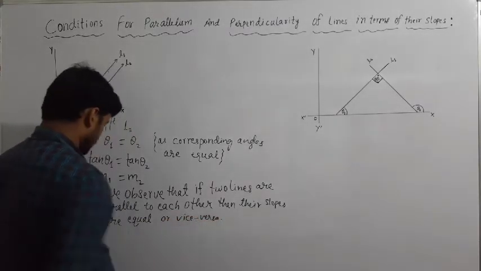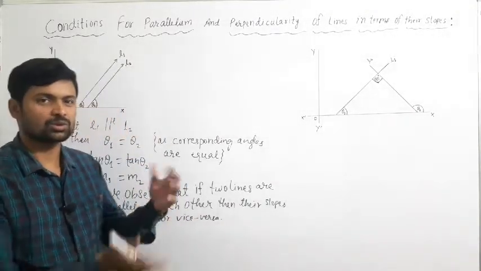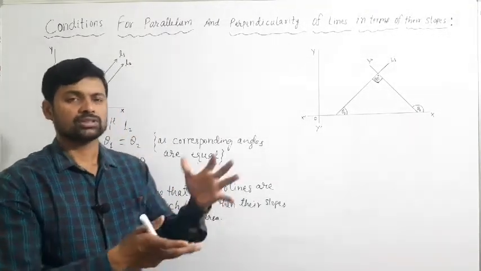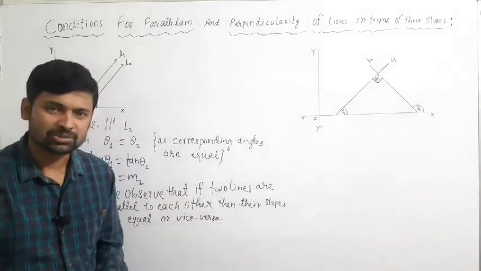This means if two lines are parallel, their slopes must be equal. If the slopes of two lines are equal, then the lines must be parallel to each other.